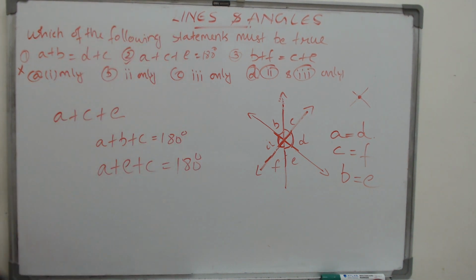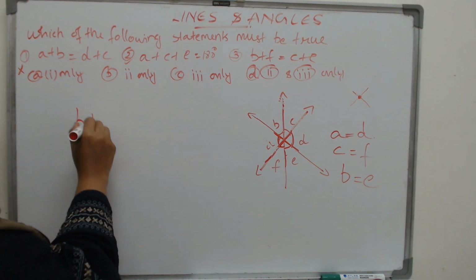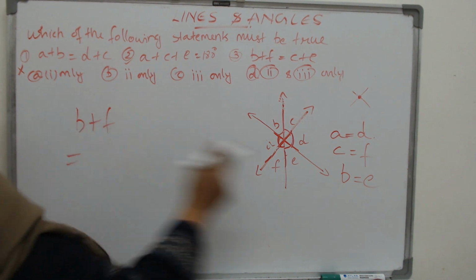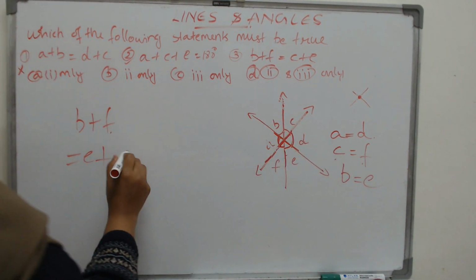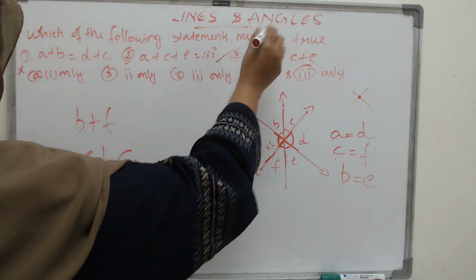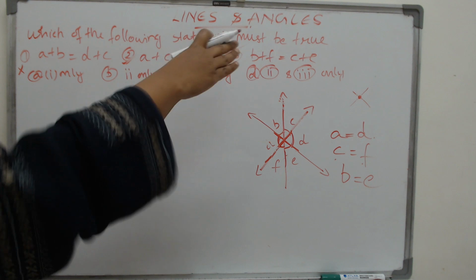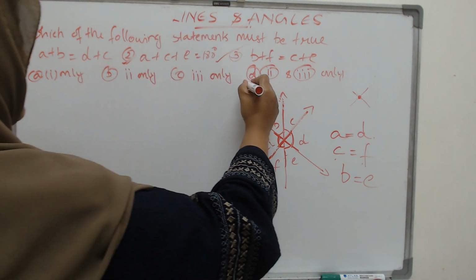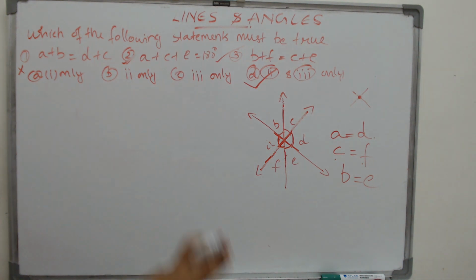Your second statement is right. Now look at the third statement, B plus F. Instead of B, you can put E. Instead of F, you can put C. There, your third statement is also correct. The last two are correct, which means this is the correct option. 2 and 3 only are correct. The first one is wrong.